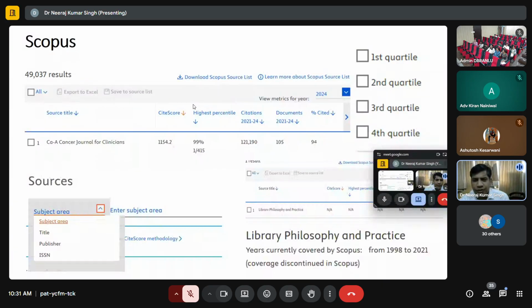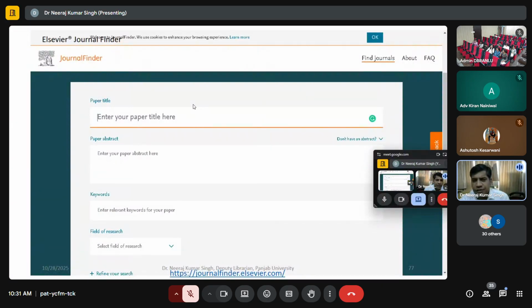Then how to find the journal? Finding the right journal is very, very important for your research. Sometimes a very well-written article gets rejected because you have not done enough homework for selecting the journal. Again, you can use these tools, and these are all genuine tools. This is a tool developed by Elsevier, called Elsevier Journal Finder.